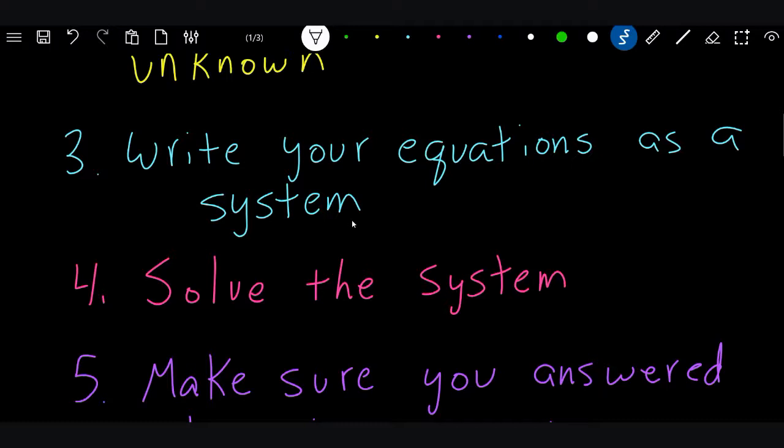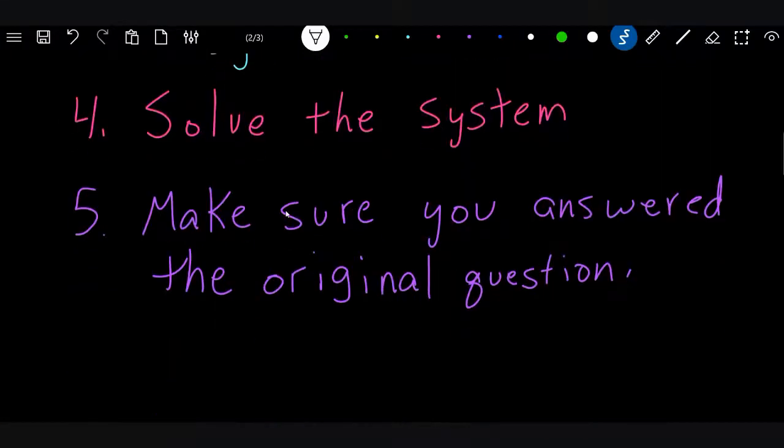You can use substitution or elimination. Any of those 3 methods would work. Number 5, make sure you answer the original question. Go back and check whether there is a little bit more you need to do at the end.